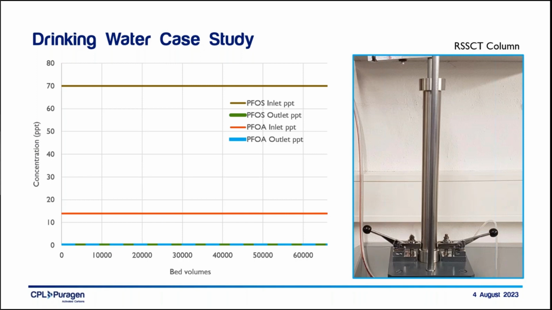Based on the results from this RSSCT, the client then commissioned us to carry out a commercial scale trial to confirm the performance of the FiltraCarb CH600 at full scale on the genuine groundwater at the site.